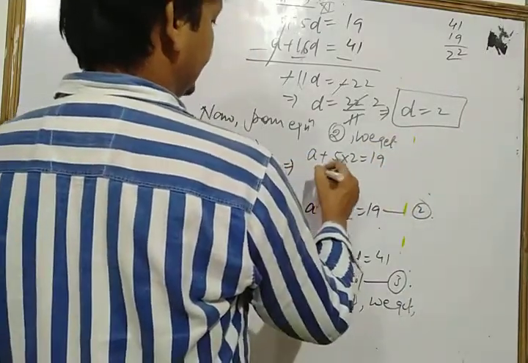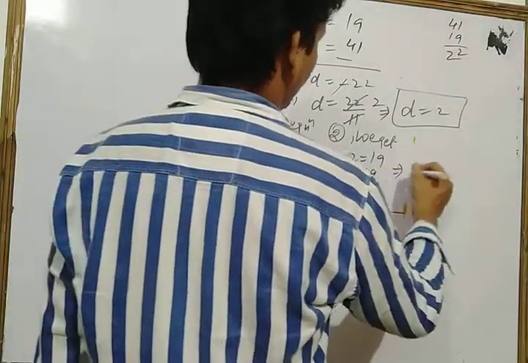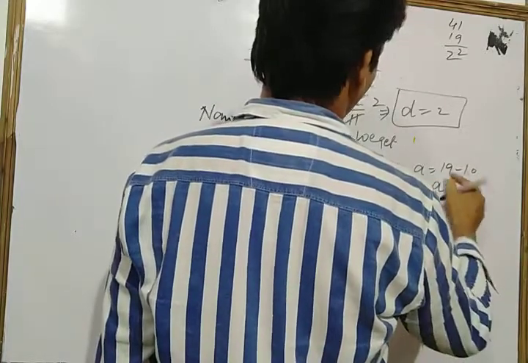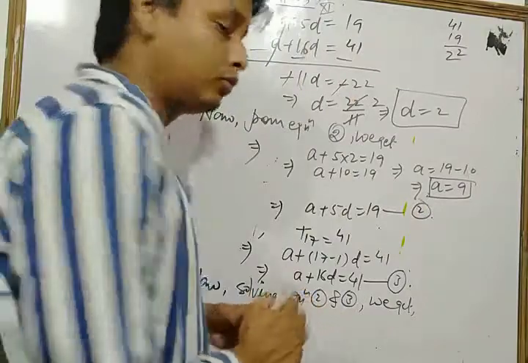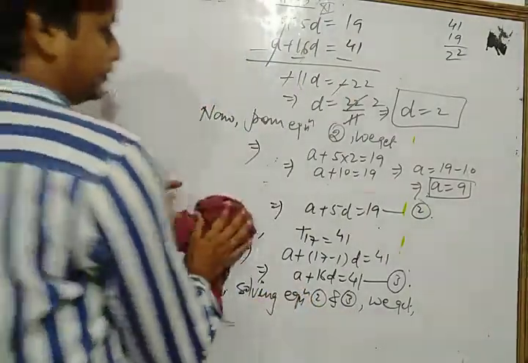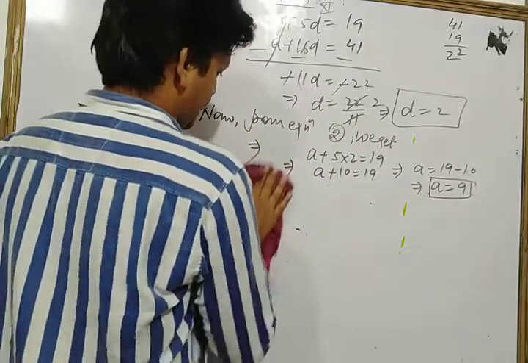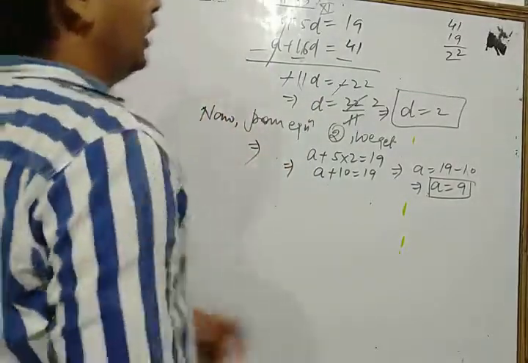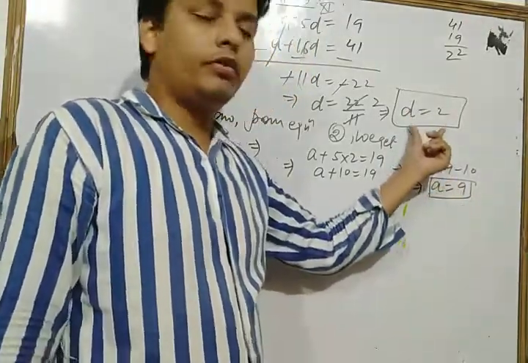So A plus 10 is equal to 19. So A is equal to 19 minus 10, that is the value of A is equal to 9. Now we have the value of A as 9 and the value of D as 2.